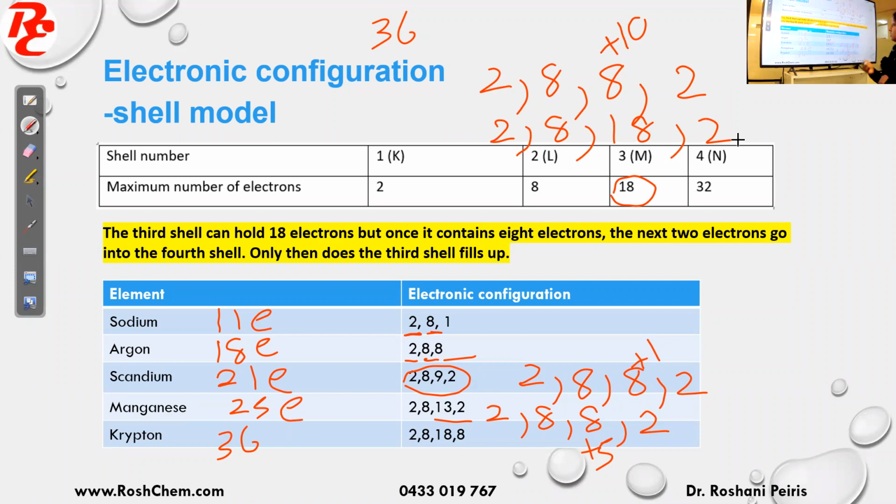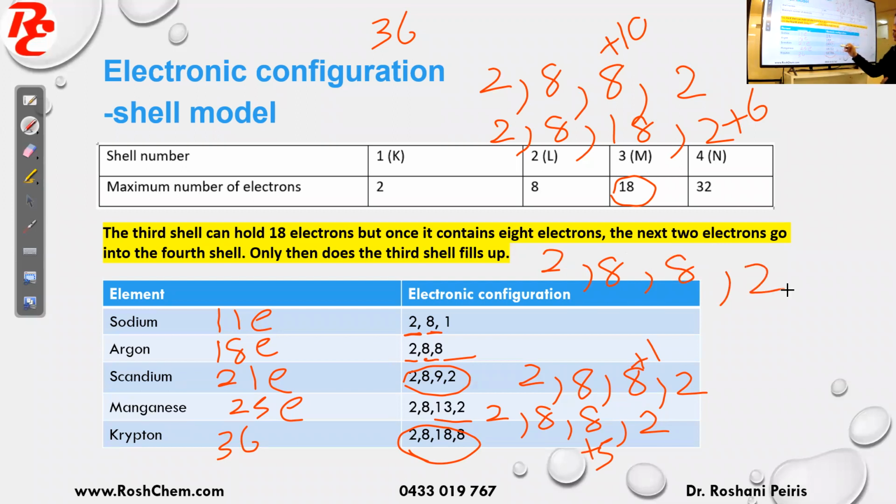So you want 6 more electrons. Now I can fill the fourth shell. The remaining 6 I can add to the fourth shell. That will make it 2, 8, 18 and 8. That's how we get krypton 2, 8, 18, 8. First I write 2, 8, 8, 2, which is 20.